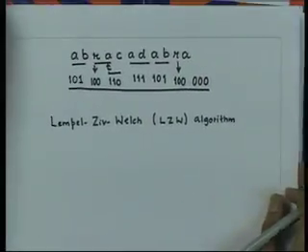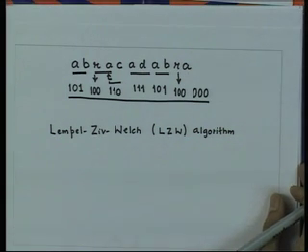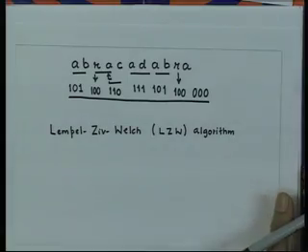Dictionary based algorithms can be used to compress all kinds of data. However, care should be taken with their use, otherwise we may end up with data expansion instead of data compression. So, the advantages of the dictionary based techniques can be summarized as shown here.